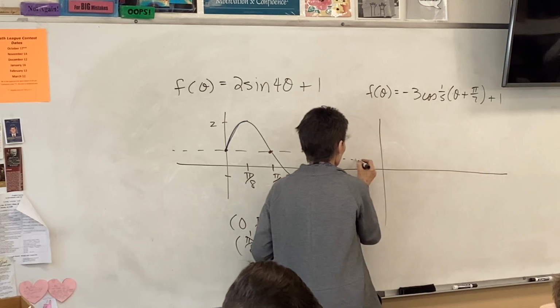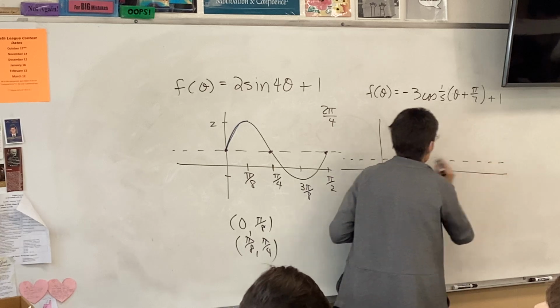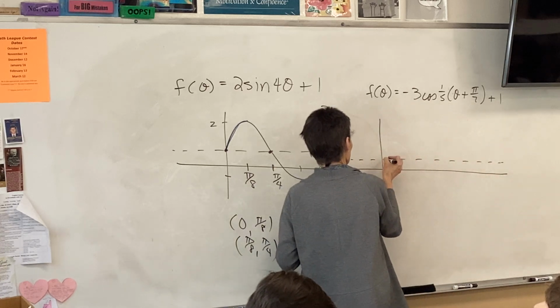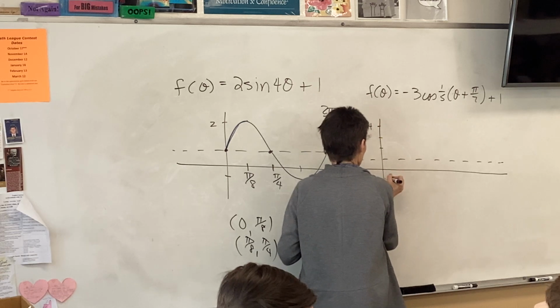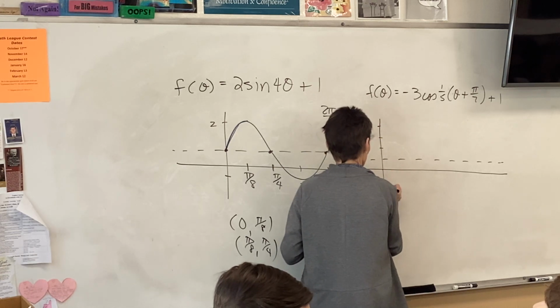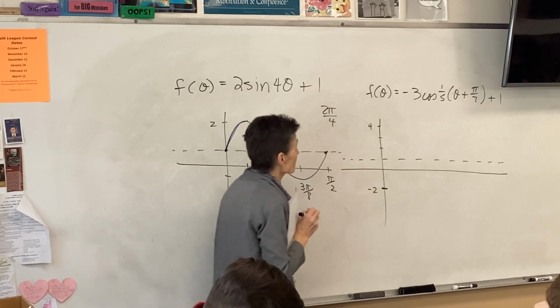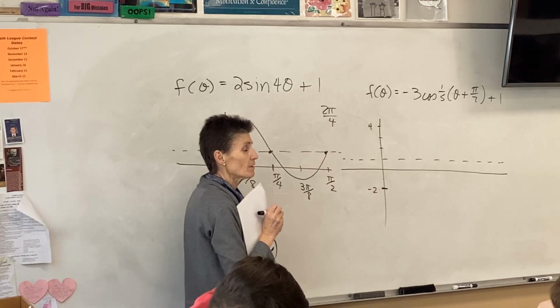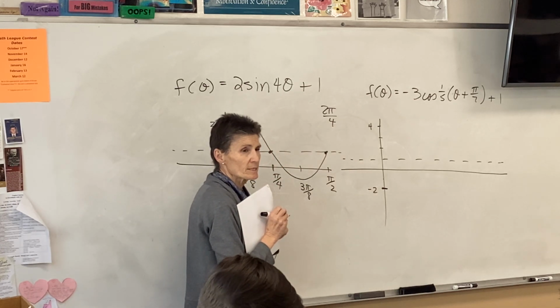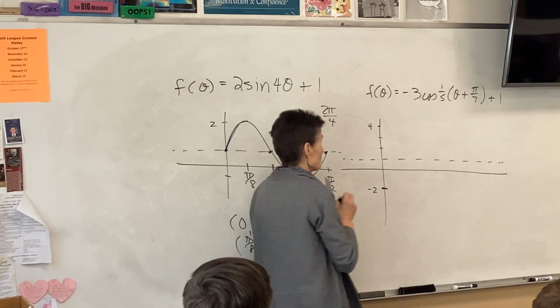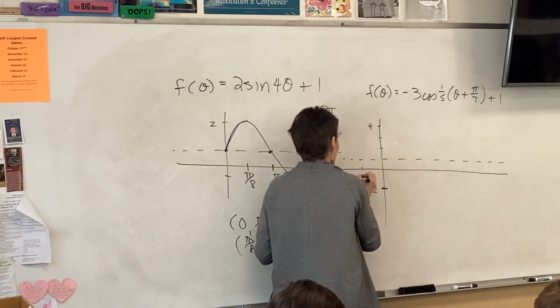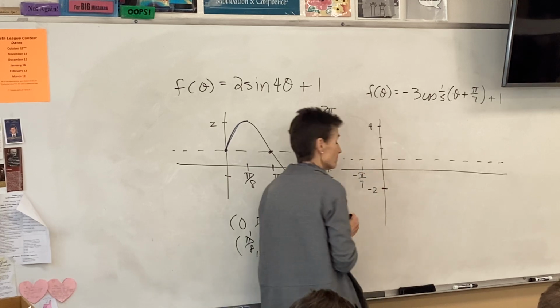Okay, so it's got a midline at 1 again, and an amplitude of 3. So 2, 3, so up here at 4, and down here at -2. It's a negative cosine, so it's gonna start at its minimum, which is gonna happen at negative pi over 7.